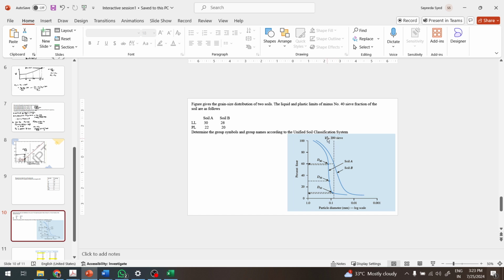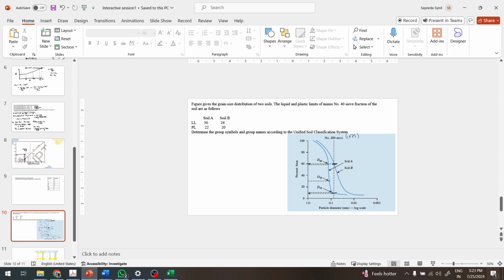So the sieve number 200 is 0.075 or 75 micron, and as we can see the percentage finer than 75 micron here is 60%, and here only we have about 10%.